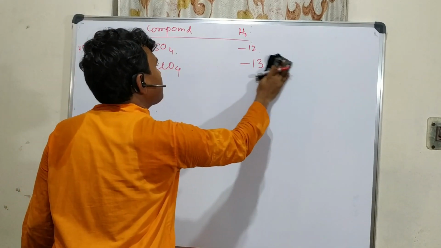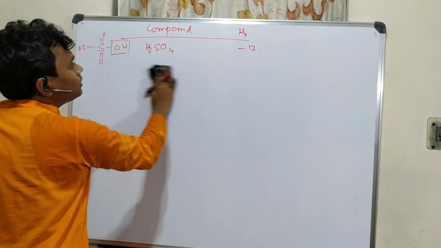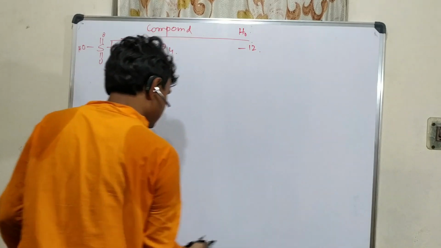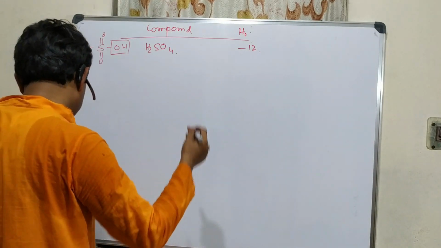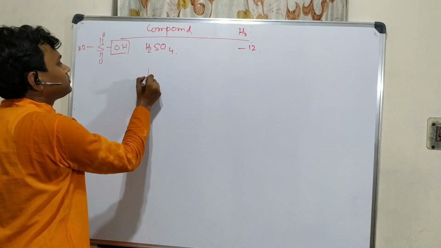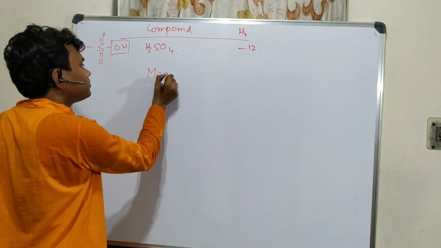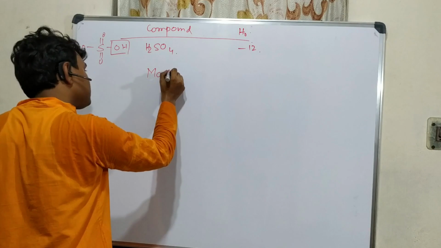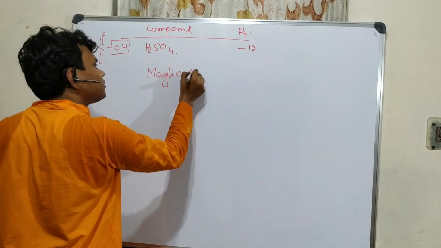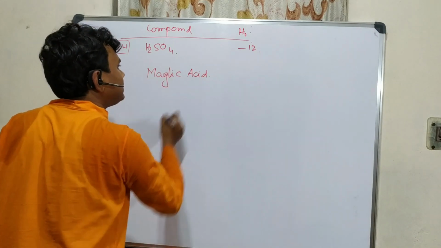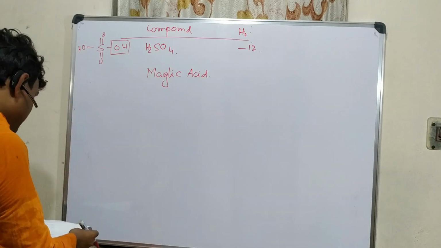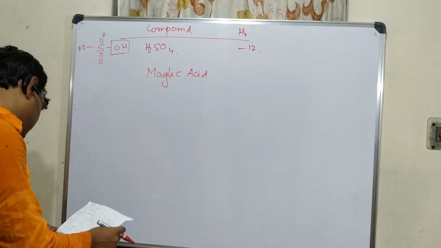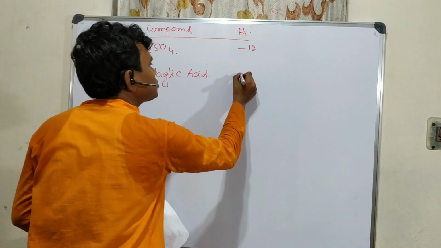Now some other specially prepared superacids. For example, magic acid, and its Hammett acidity function is -23.